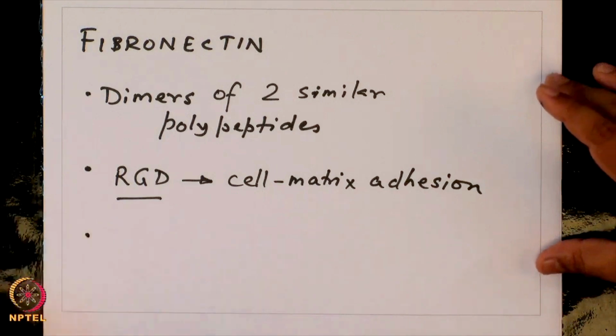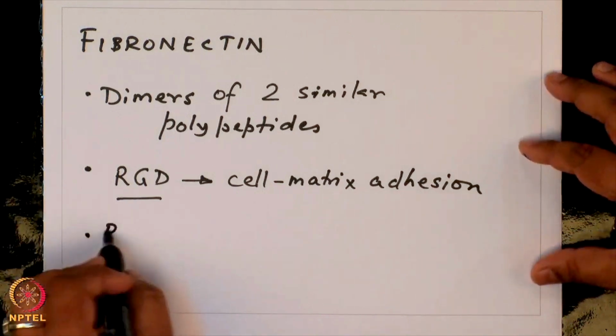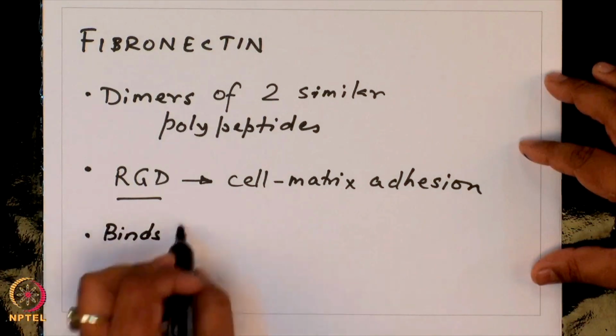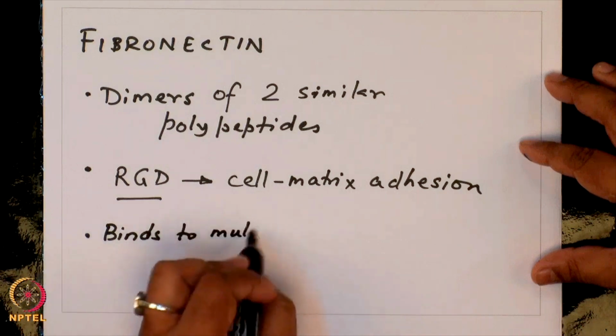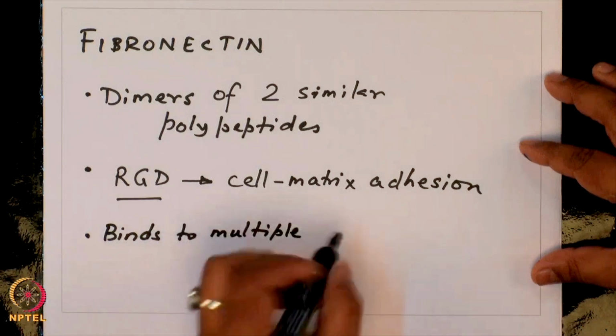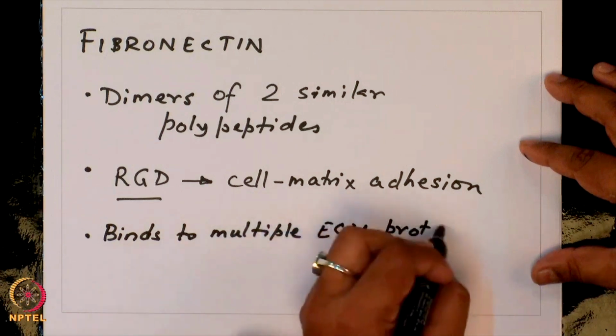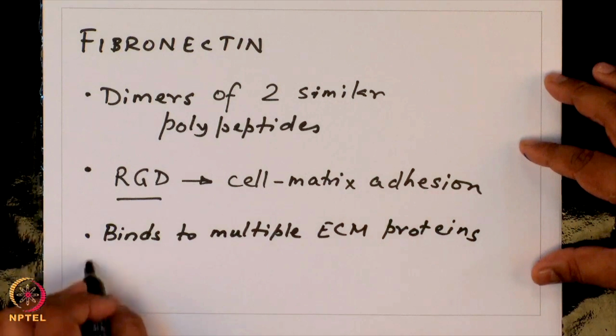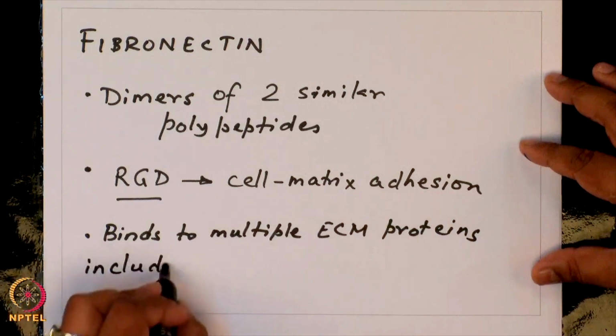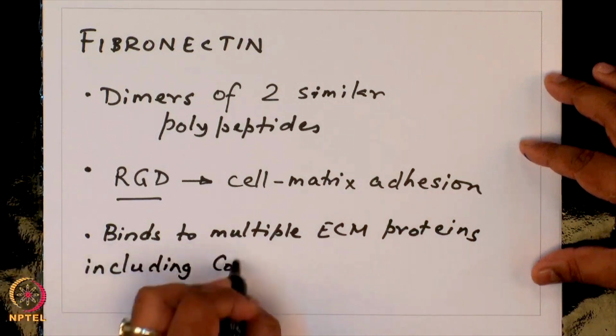Fibronectin is known to bind to multiple ECM proteins, including collagen.